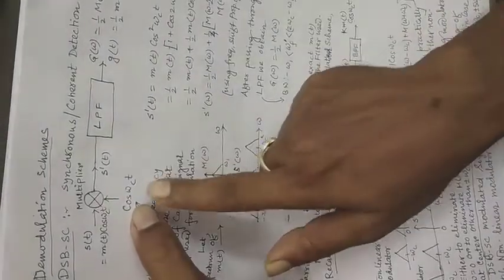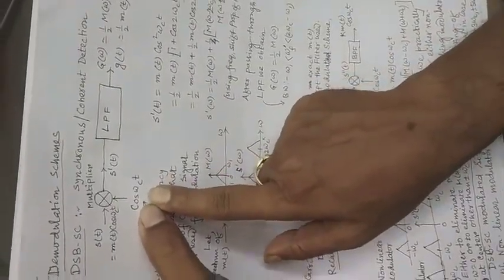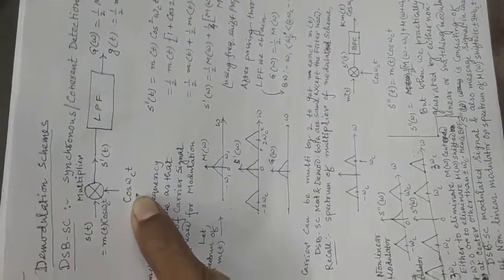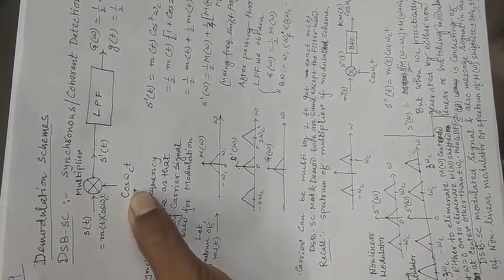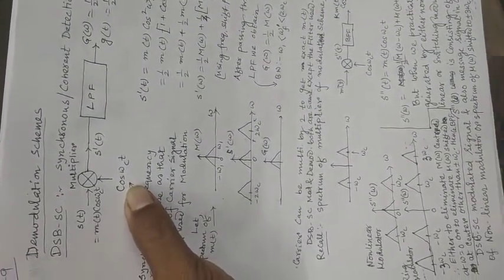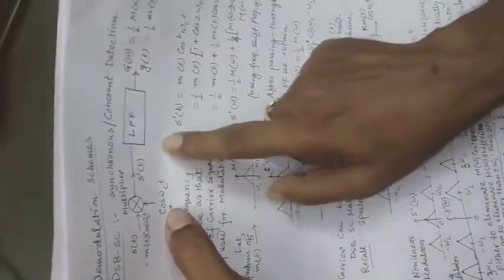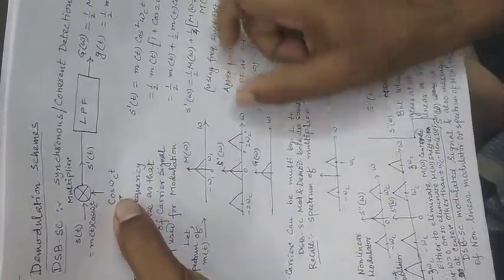Therefore, the phase and frequency of the signal used for demodulation and for modulation are the same. This is called coherent detection or synchronous detection. The student can also consider a little change: if you demodulate with cos(omega ct plus phi), some additional phase, there also you need a low pass filter to get back the message signal. There will be some minor mathematical change that you can easily calculate.